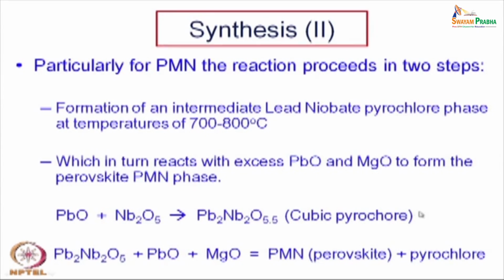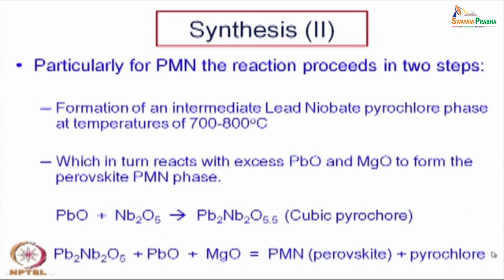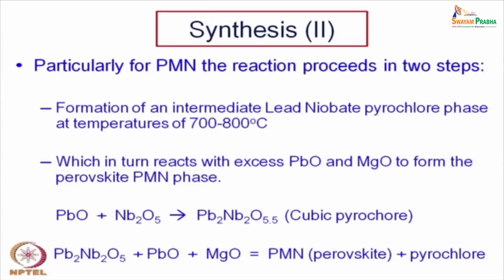This reaction has been represented like this: PbO plus Nb2O5 goes to Pb2Nb2O5.5. That is the cubic pyrochlore structure.